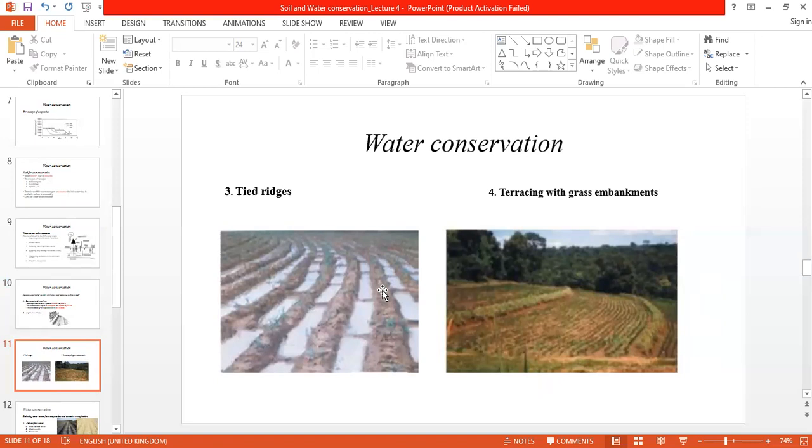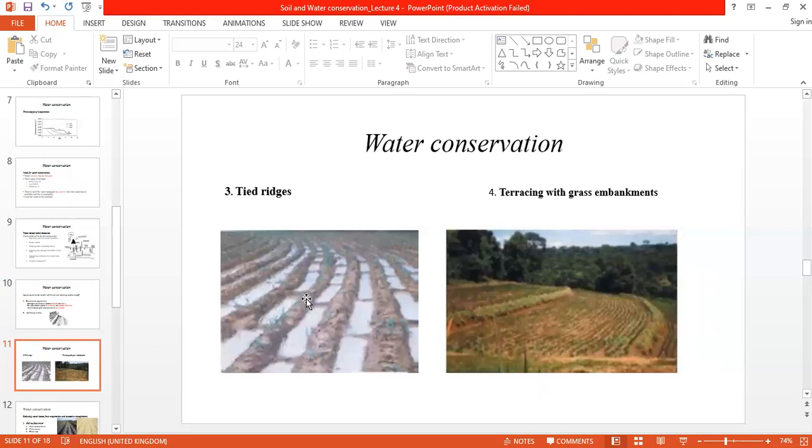But this conservation is mostly for rainfall, because in this case, we are in places where you have a small amount of rainfall, or where, when you have rain today, it may take another week for you to have rain.